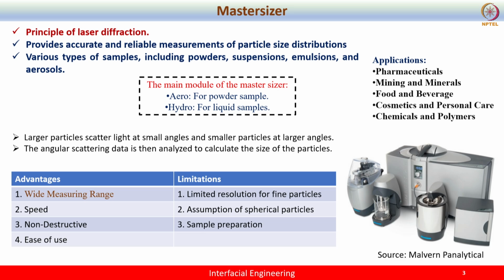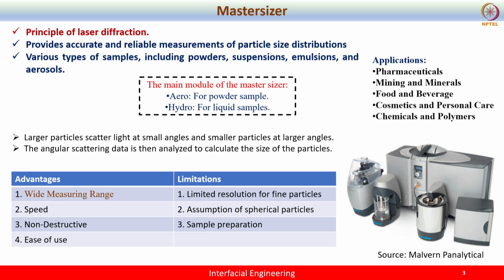Why we use laser diffraction is because it is a convenient source for us to get a narrow spectrum, or we can say that it produces light of a single wavelength. If you use white light or visible light, you have multiple wavelengths.